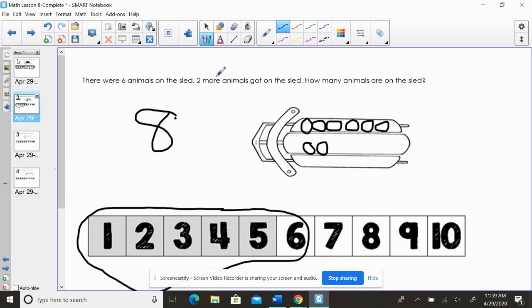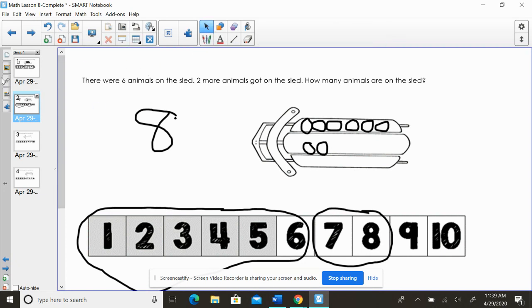Two more animals got on the sled, so now I'm going to circle 2 squares. 1, 2. The last number circled on our number path is our answer, which is 8, and that matches our answer above, so we know we did it correctly. Amazing job, boys and girls.